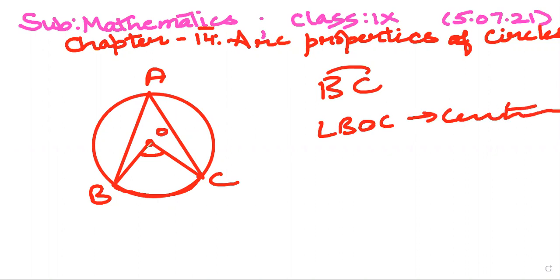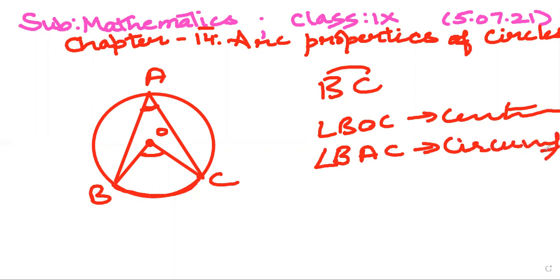Now can you tell me the name of the angle subtended by this arc at the circumference? That is angle BAC. This is the angle subtended by this arc at the circumference.